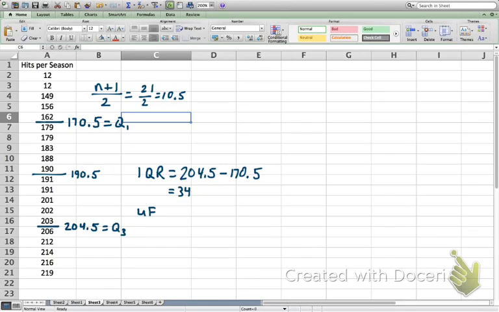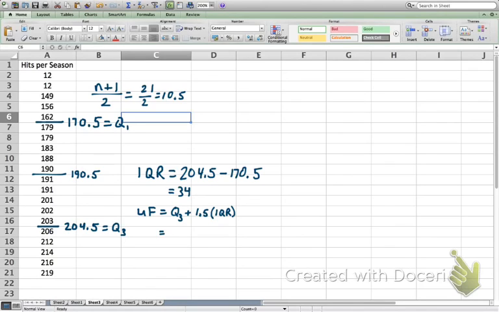The upper fence is calculated by taking the third quartile plus 1.5 times the IQR. So if we take the IQR, multiply by 1.5, and add that to Q3, anything beyond that value is going to be an outlier.